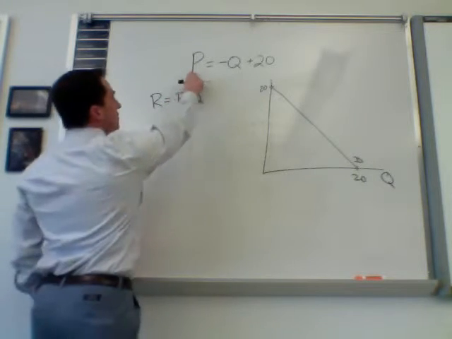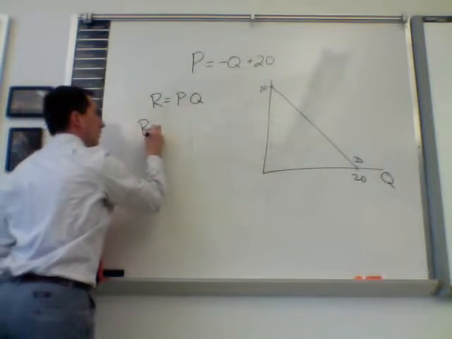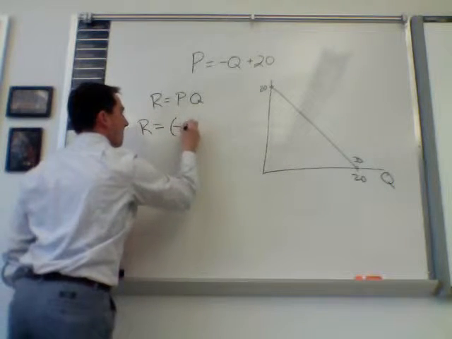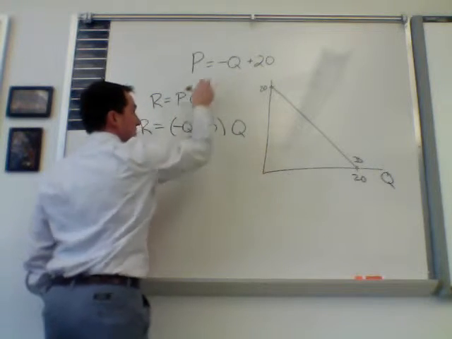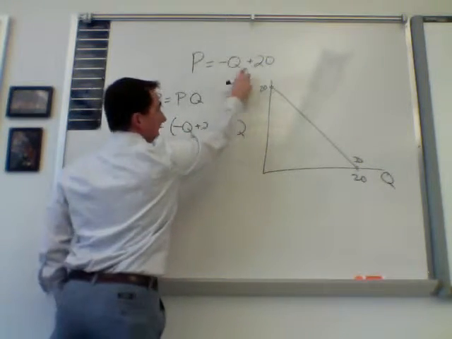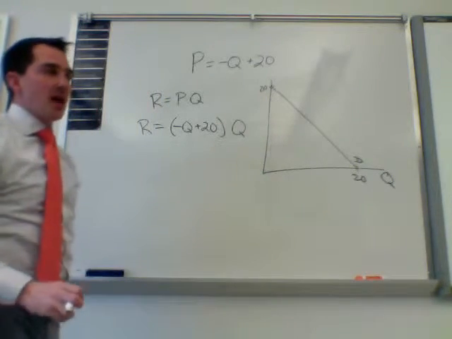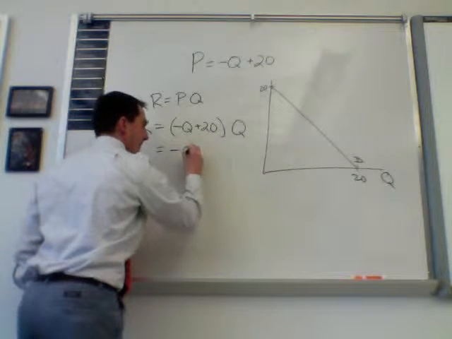I'm going to substitute this equation in for P. I just substituted, this is just price times quantity. And the price from up here is -Q plus 20. Now in calculus, let me simplify this quickly, just distribute that in.